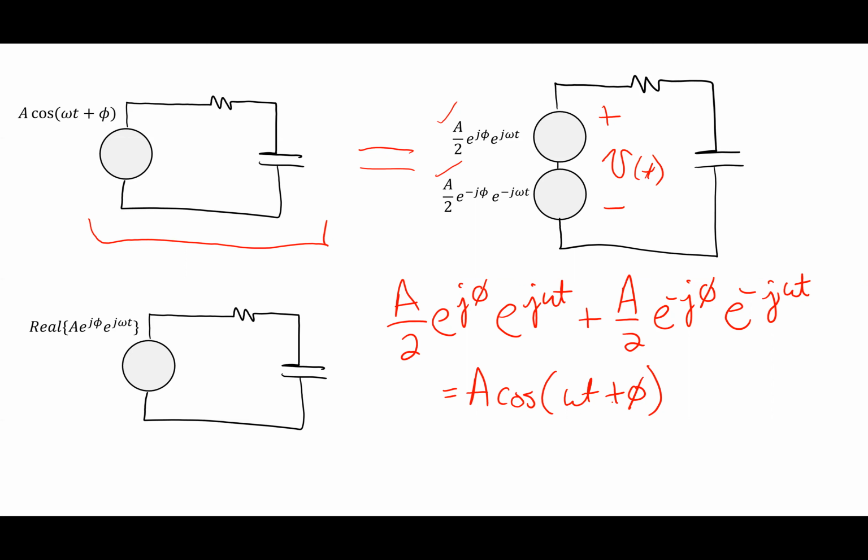Now, the other thing is this same thing is equivalent to the real part of A e to the j phi e to the j omega t. What's the thing we called the static phasor? A e to the j phi, right?